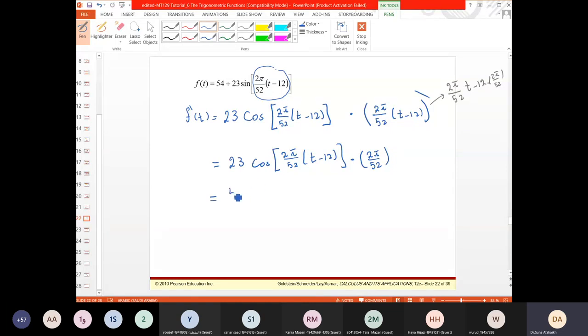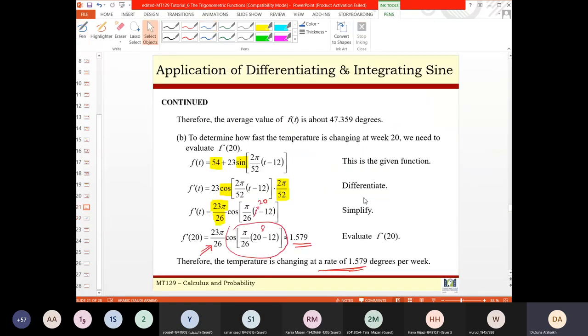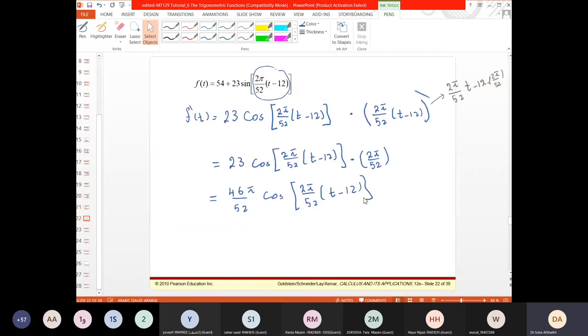This equals 46 over 52 pi. And here we have the cosine of 2 pi over 52 times t minus 12. Now 46 over 52 is 23 over 26. This is simplified to be 23 over 26.